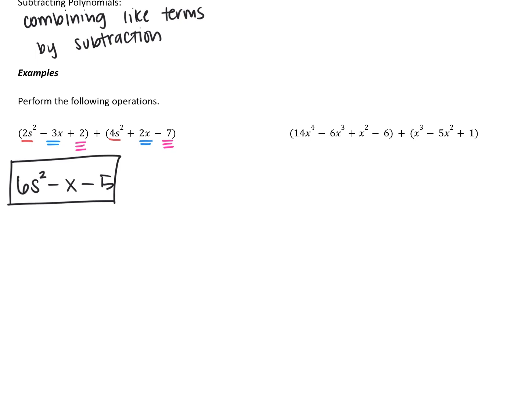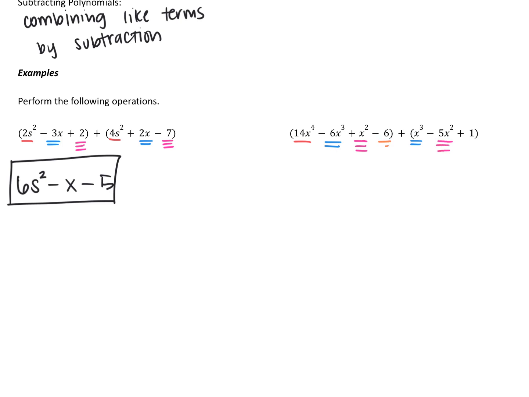Okay. Next we have 4x to the fourth minus 6x cubed plus x squared minus 6 plus x cubed minus 5x squared plus 1. So I have 4x to the fourth. There is no other like term there. I have negative 6x cubed and x cubed. I have x squared and negative 5x squared.